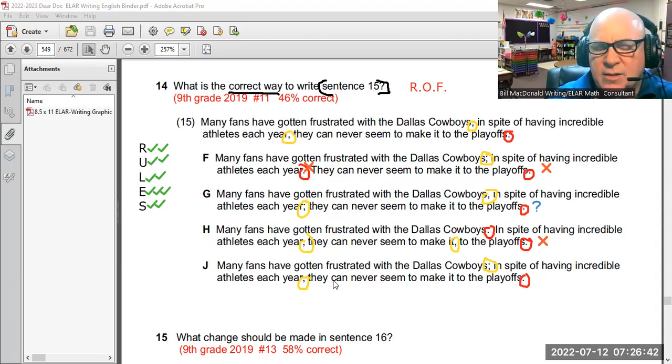So they had to know how to do three things correctly.